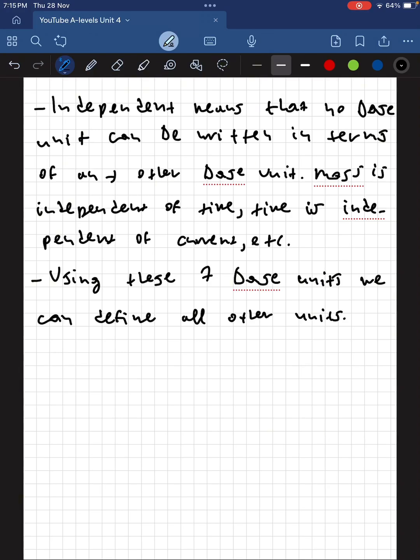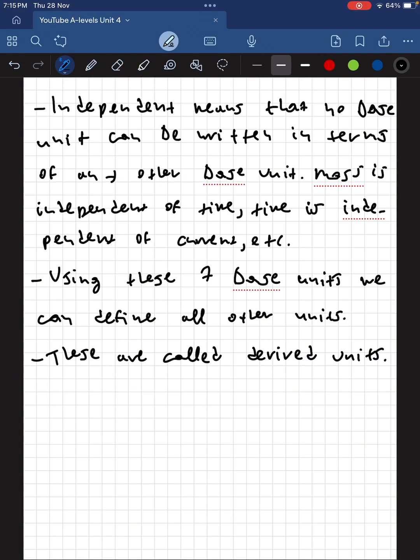So units that are derived from these base units are called derived units. Some of these derived units have special names.